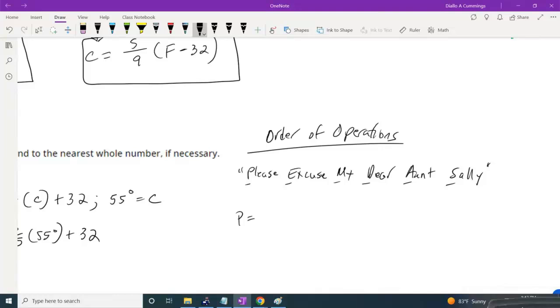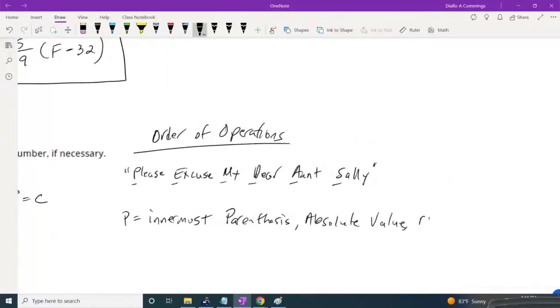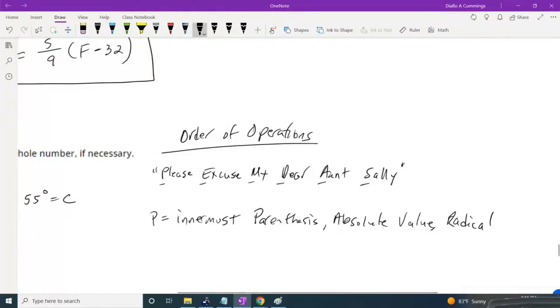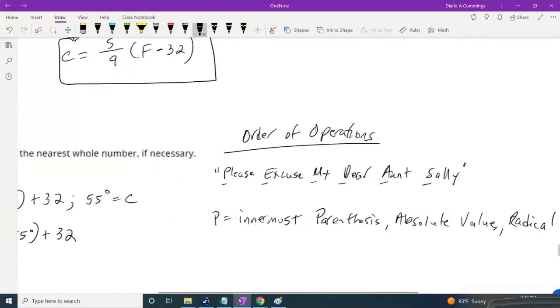P is for the innermost parentheses, absolute value, or radical. Once we get into the algebra part, you might see absolute values and radicals. All right, so that's the first thing.